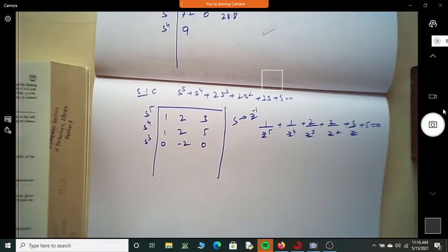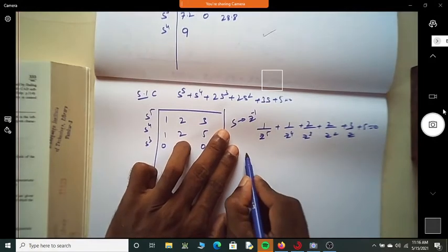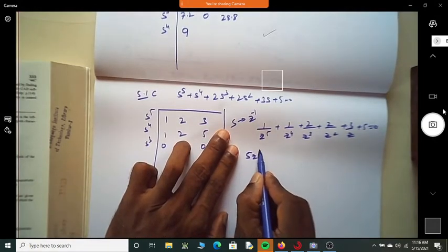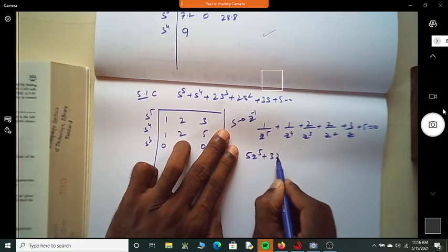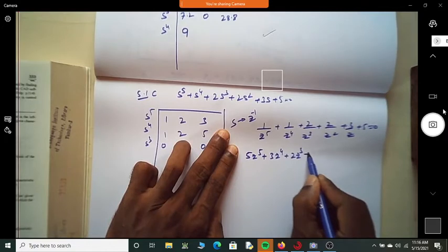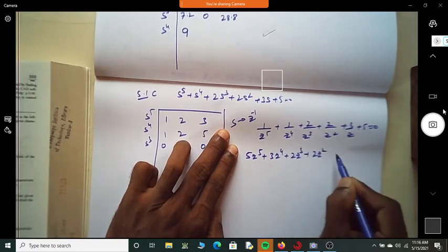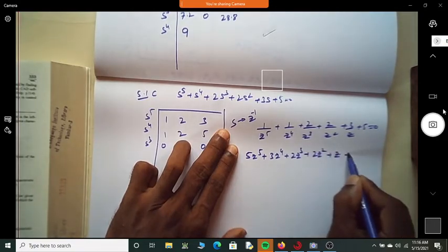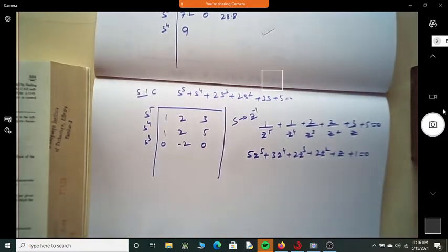Correct? Take the LCM, then this will become 5z to the power of 5 plus 3z to the power of 4 plus 2z cube plus 2z square plus z plus 1 equal to 0.